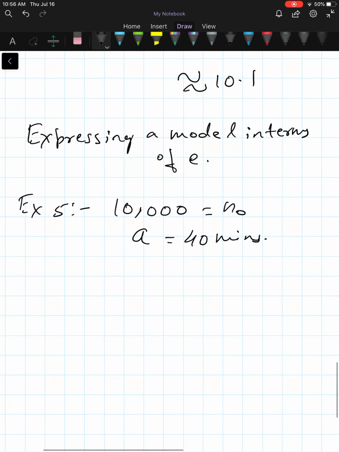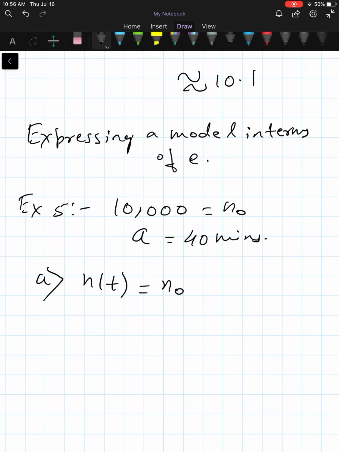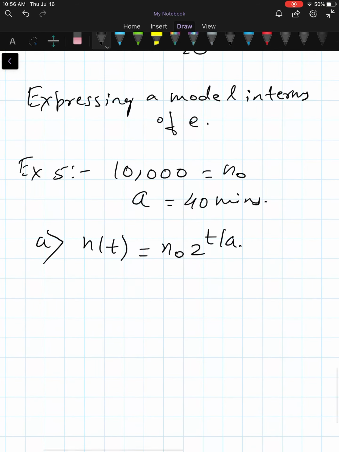Correct? Now you have to find a function that models the number of bacteria after t hours. So we have to use the doubling time here, the model where we used base 2, from the previous video. n of t is equal to n naught times 2 to the power of t over a. That models the number of bacteria after t hours.